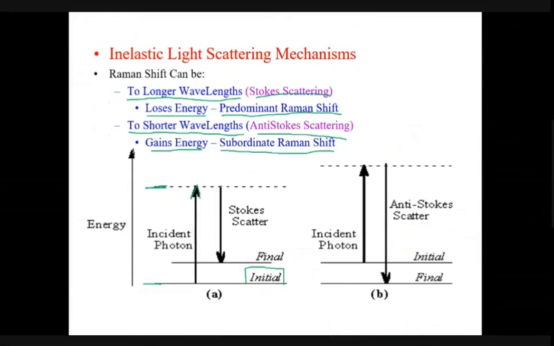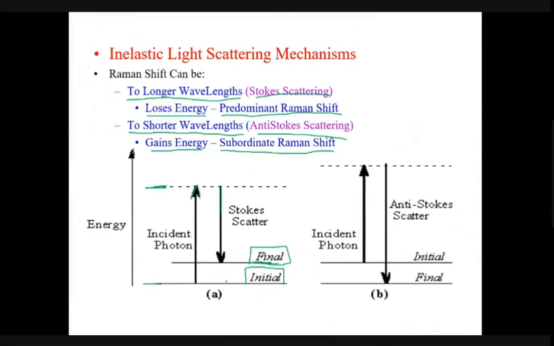When the energy was released, this was the final energy level of the molecule. Now, the final energy level is higher than the initial energy level. That means energy is gained by the molecule, but the electromagnetic radiation has lost energy.